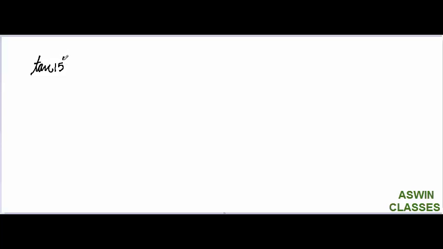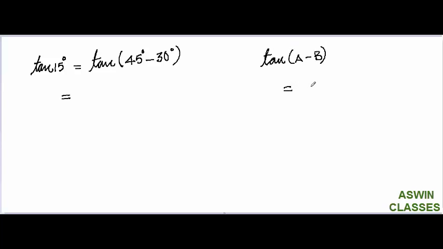How will you solve this? So tan 15 can actually be written as tan of (45 minus 30) degree. And you can use the identity of tan(A − B) here. Tan(A − B) is nothing other than (tan A minus tan B) by (1 plus tan A tan B).